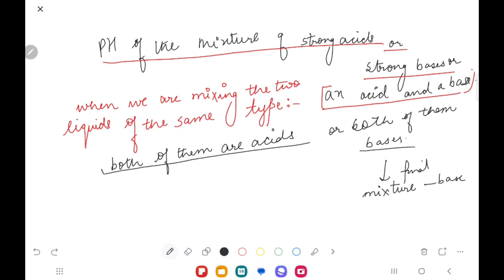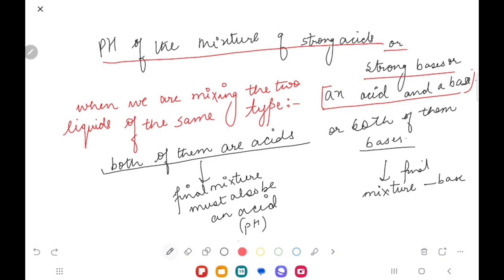When both of them are acids, the final mixture must also be an acid. Yes or no? And for acids, you remember, we calculate pH. But for bases, we calculated pOH first and then applied the formula pH plus pOH equals 14.